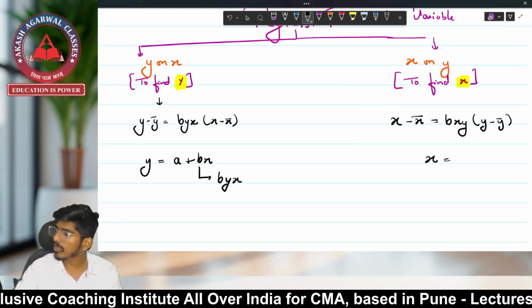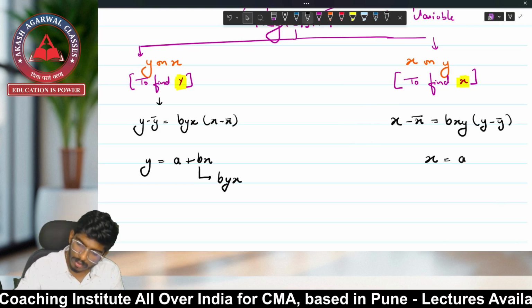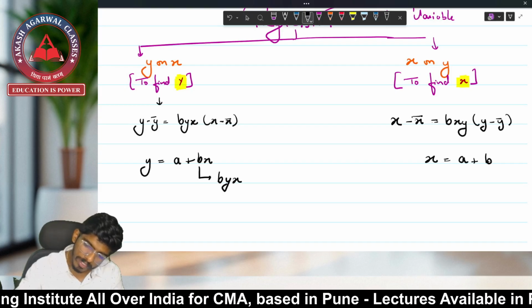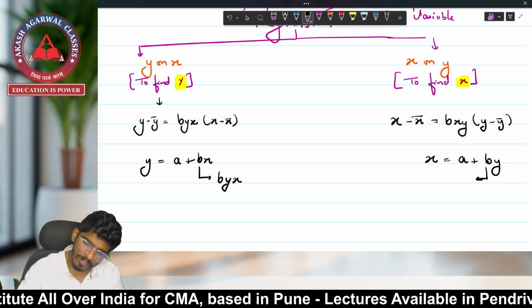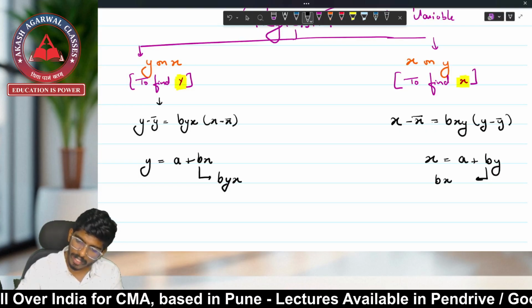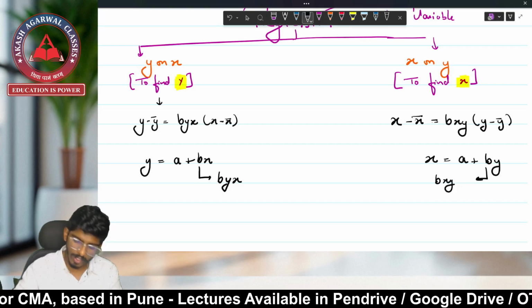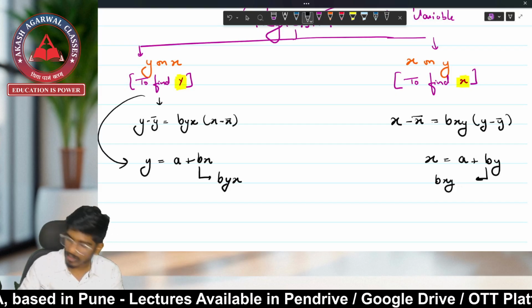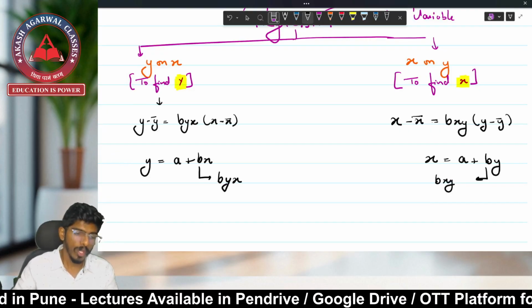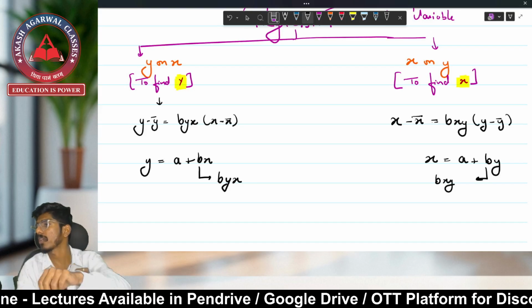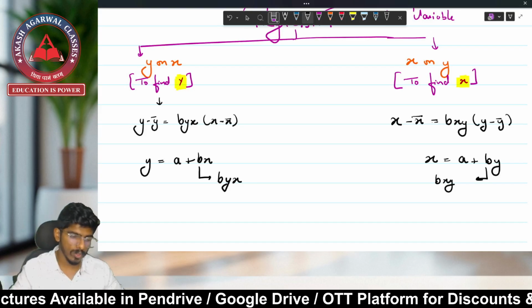That's why my equation is going to be x equals a plus by, and this b is bxy. When I want to find y, my equation starts with y equals. When I want to find x, my equation starts with x equals.